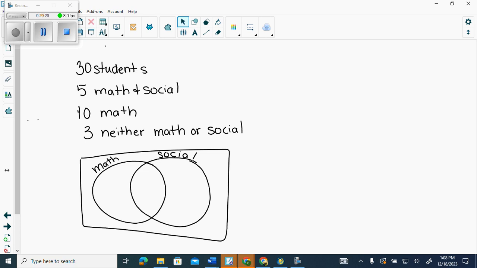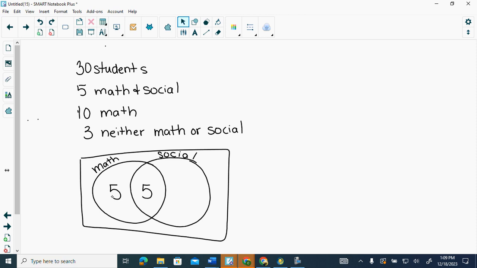So, where do I have to start? In the middle, in math and social, which is 5. Then it says 10 are in math, so I just go put 10 in that spot? What do I put? 5.